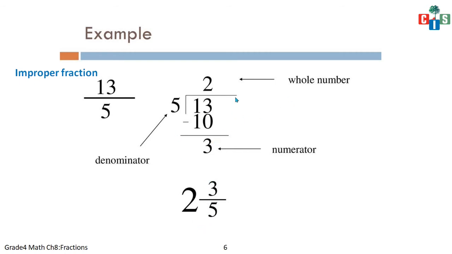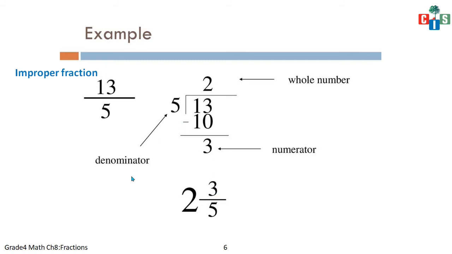Okay. Now see, the quotient is 2, meaning 2 is a whole number because 5 multiplied by 2 will give you 10. So two parts will be full, whole, and the remainder is 3. So the remainder you have to take as the numerator, and this is the whole part. The 2 is the whole number, and the remainder is remaining. Yes. So 3.